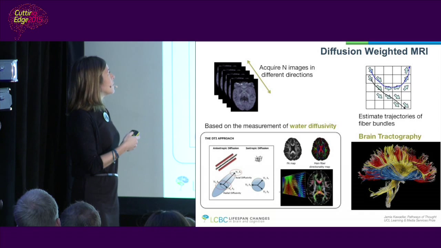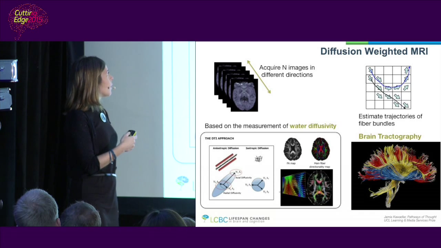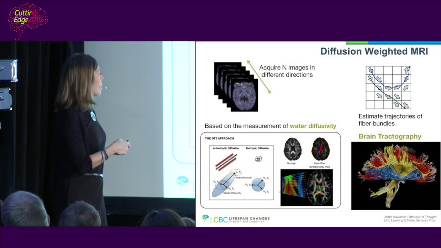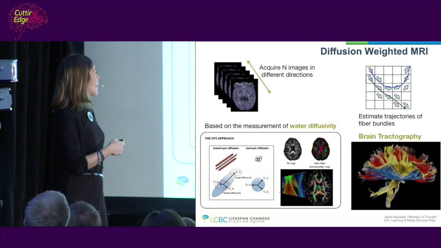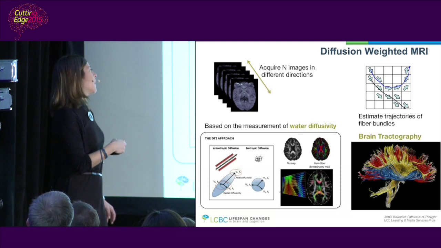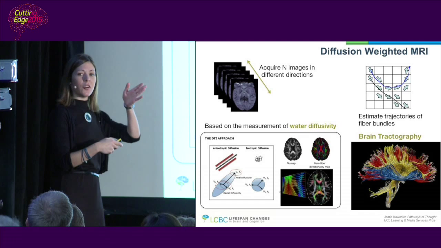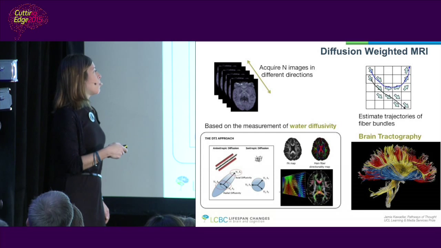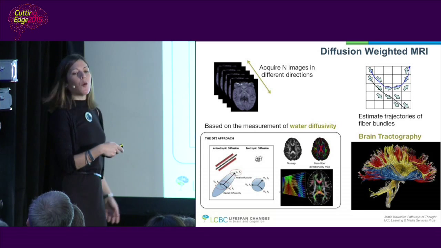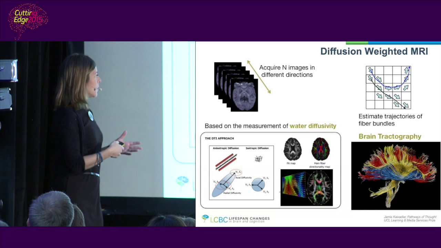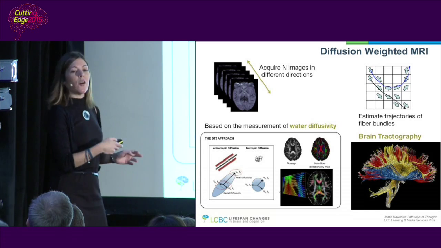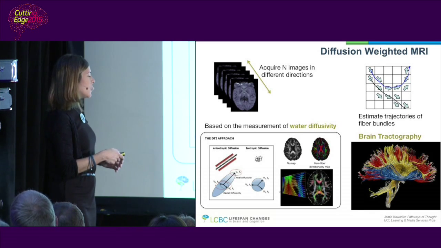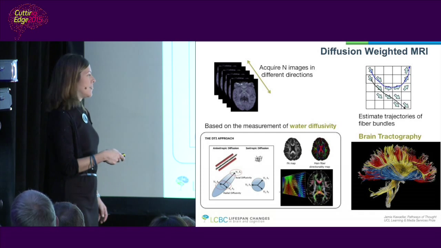If we take all these images together and approximate at each voxel how the diffusion looks, we have some areas with anisotropic diffusion, meaning that it's more likely to have a fiber inside this area, and other areas where the diffusion is isotropic, meaning that the water can move freely inside this area. With these ellipsoids, we can map the areas where it's more likely to have a fiber passing through them.